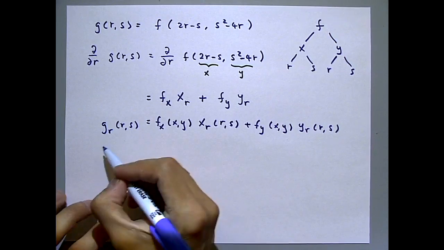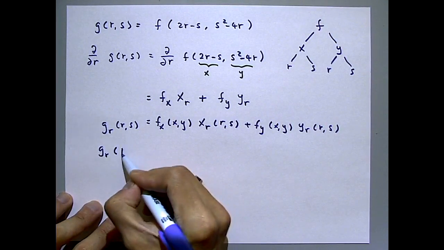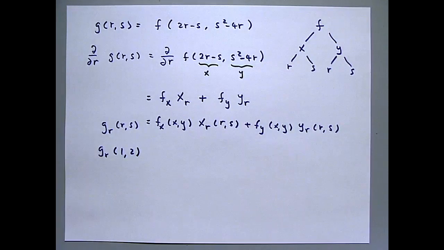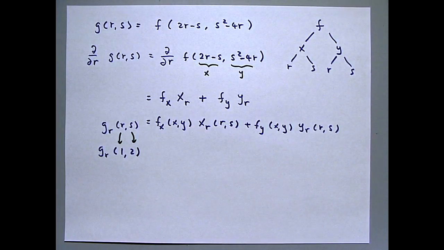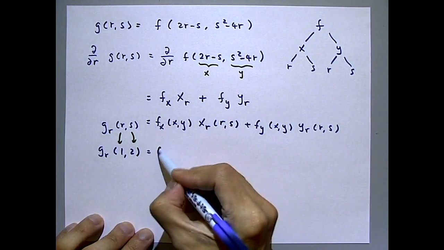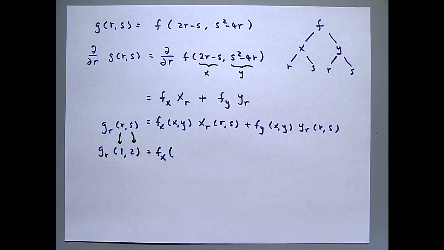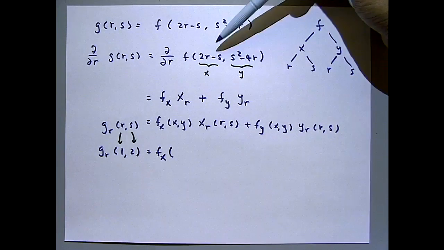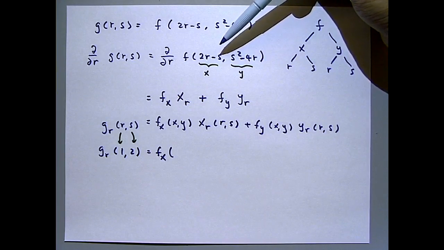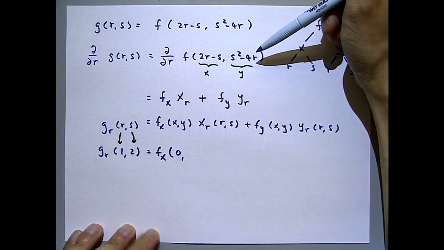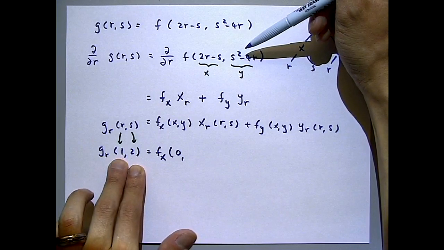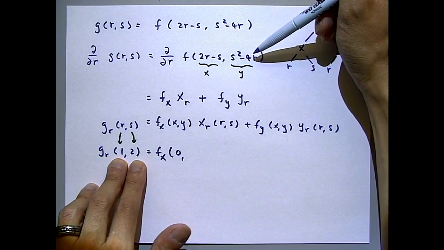Now we can find out what's going on at g_r(1, 2). So we're talking about r equal to 1, s equal to 2. And what is x when r is 1 and s is 2? Look at the definition of x. 0, right? What about y? When r is equal to 1 and s is equal to 2, also 0.